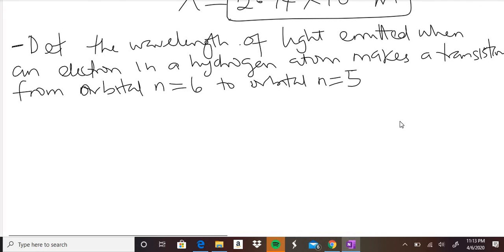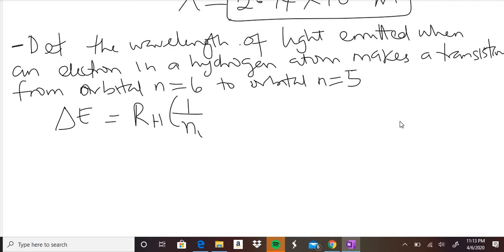So we're going to say our delta E, which is the energy of a photon, is going to be RH times 1 over n initial squared minus 1 over n final squared.